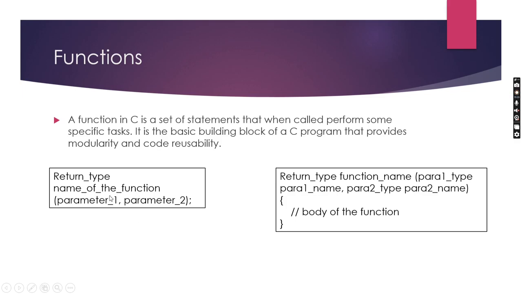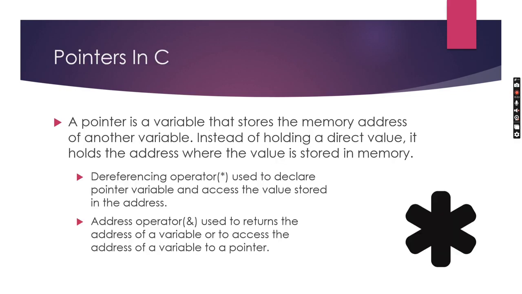Here is the declaration, where first of all we apply the return type, then the name of the function, then the parameters of the function. Then there is the definition of a function, and at last there is the body of the function, which holds the code the function performs. Functions are very important in C programs. Every function can do a different kind of work.